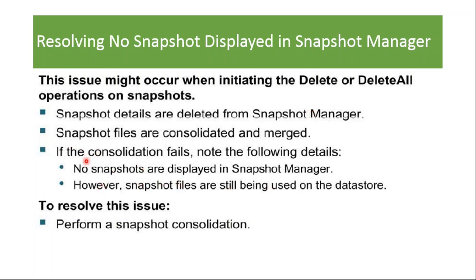When the snapshot consolidation fails, you can see the following behavior in the Snapshot Manager for your virtual machine. No snapshots are displayed in Snapshot Manager. However, snapshot files are still being used on the datastore. You can identify this behavior when the snapshot is not consolidated or consolidation fails.